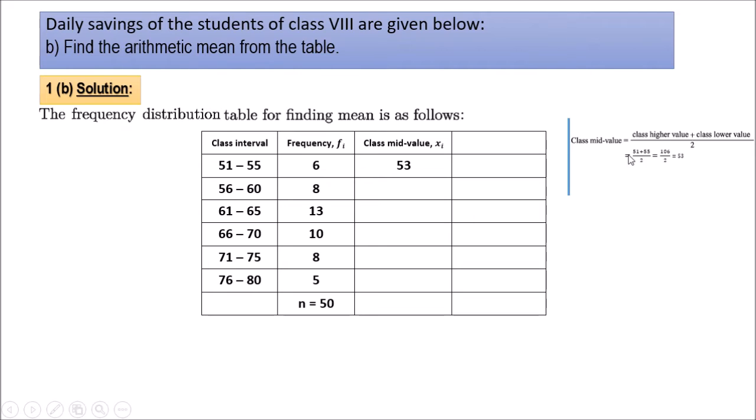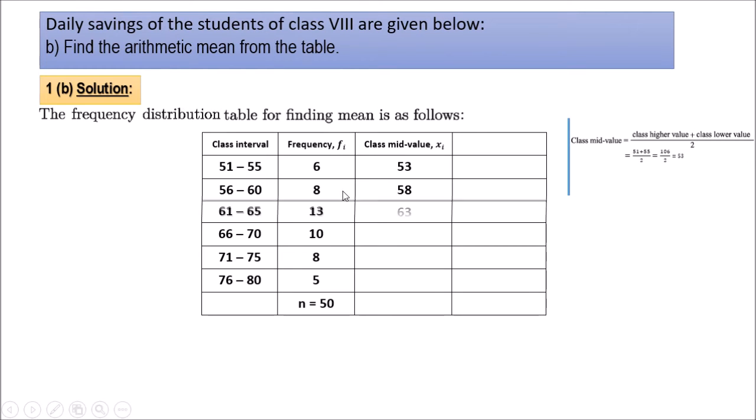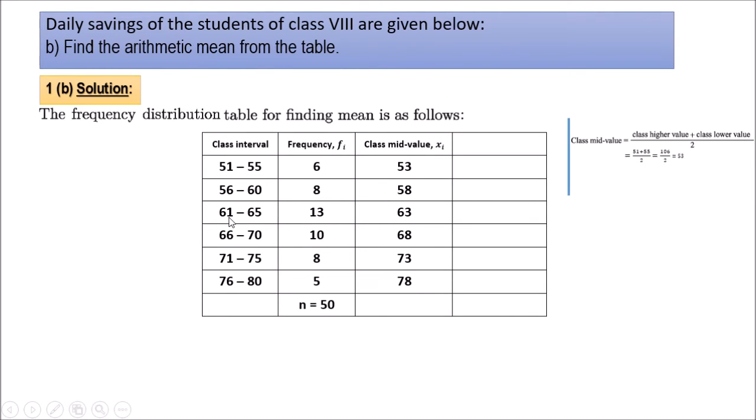If you add it, you will get 106 divided by 2, that equals 53. Similarly, 56 plus 60 divided by 2 gives 58. Adding these and dividing by 2, you will get 63, 68, 73, 78. All the values you will get this way. Okay, I think you understand, right?